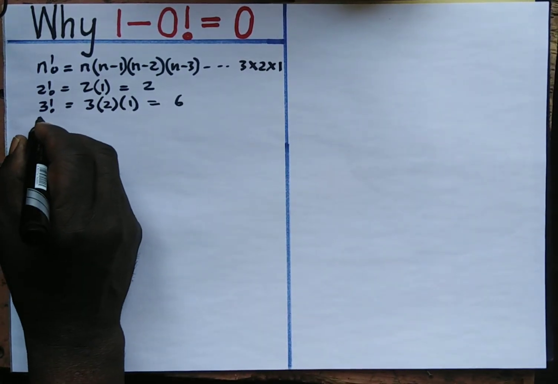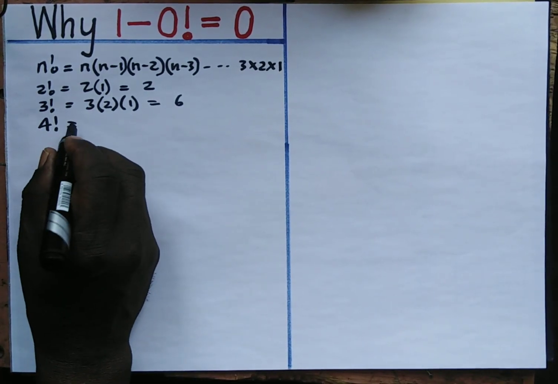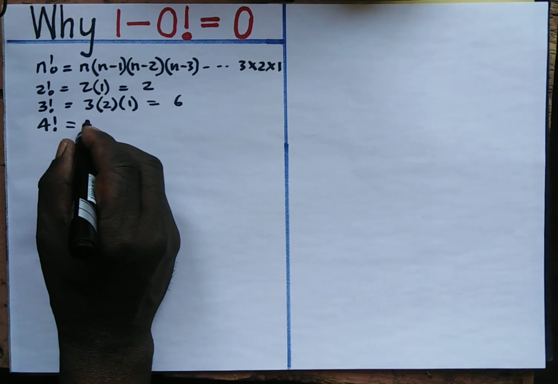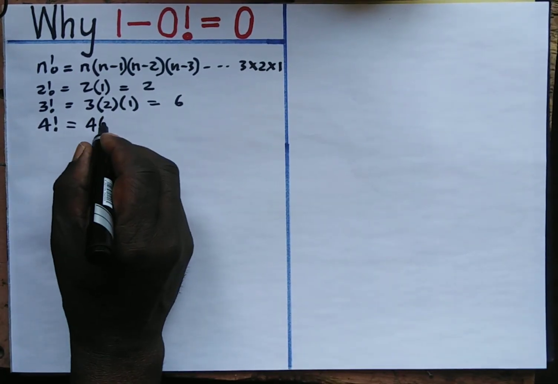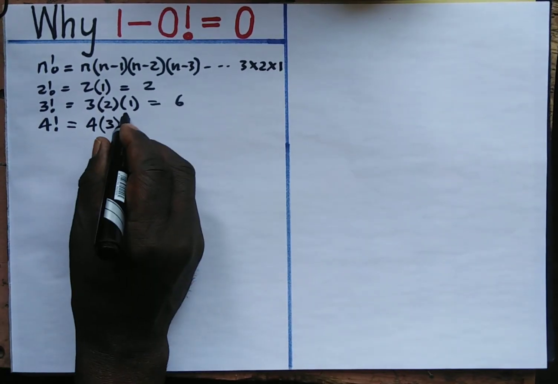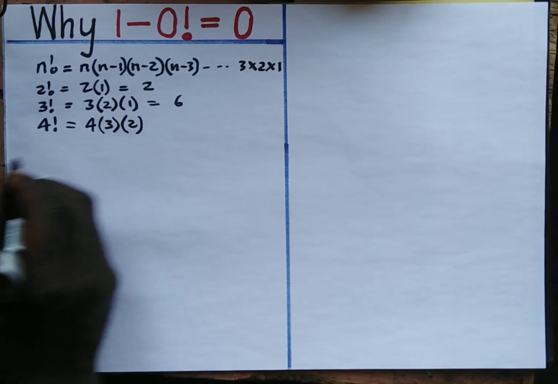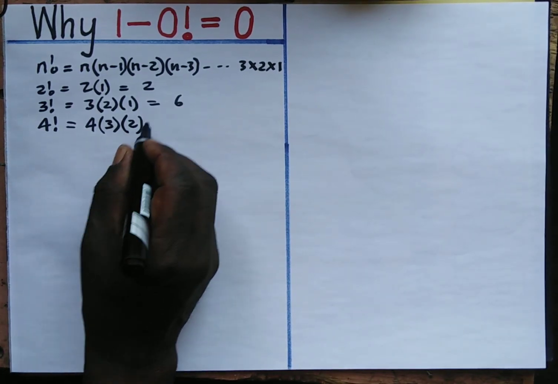Lastly, 4 factorial. This is equal to, our n is 4, so that's 4 multiplied by 4 minus 1, which is 3, multiplied by 4 minus 2, which is 2, multiplied by 4 minus 1.